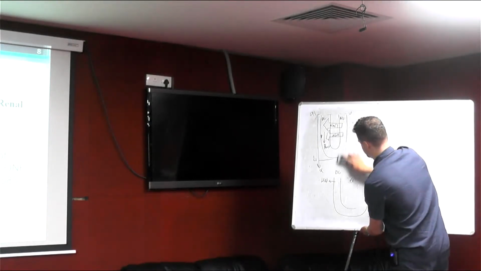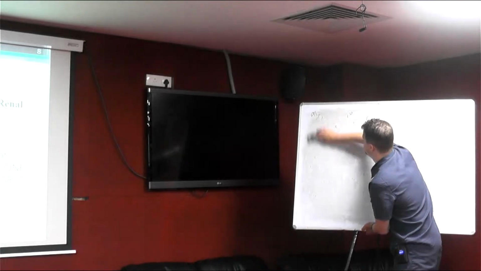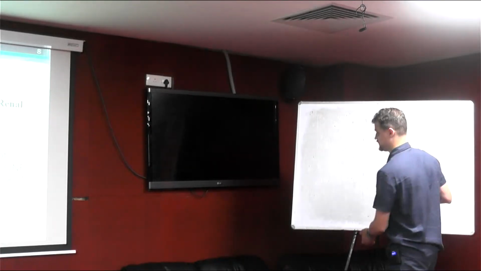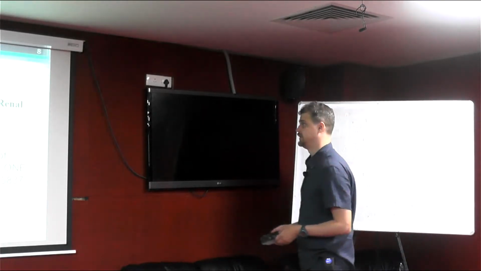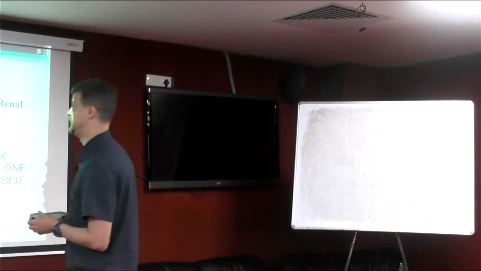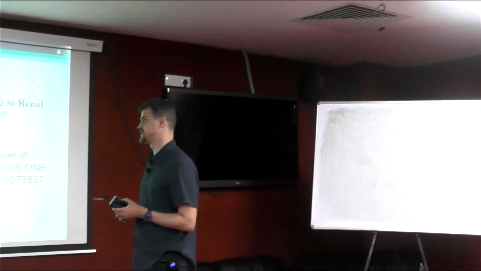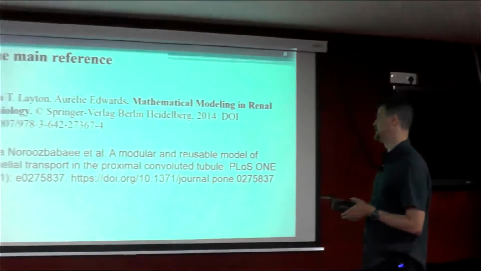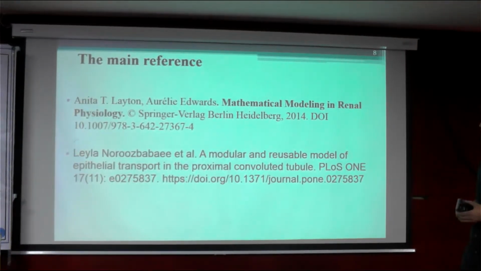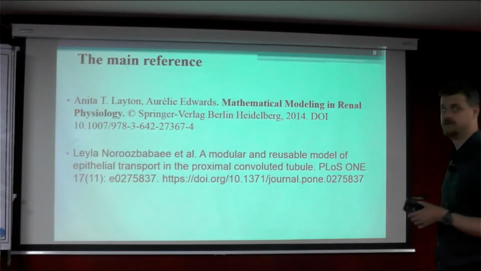Considering that it's a huge topic, I will reference Mathematical Modeling in Renal Physiology by Anita T. Layton, and a very detailed article about a modular and reusable model of epithelial transport in the proximal convoluted tubule.